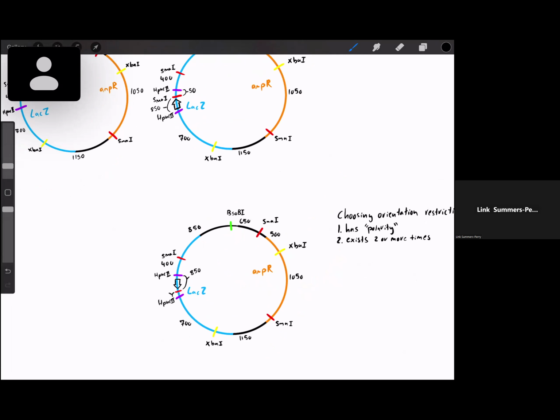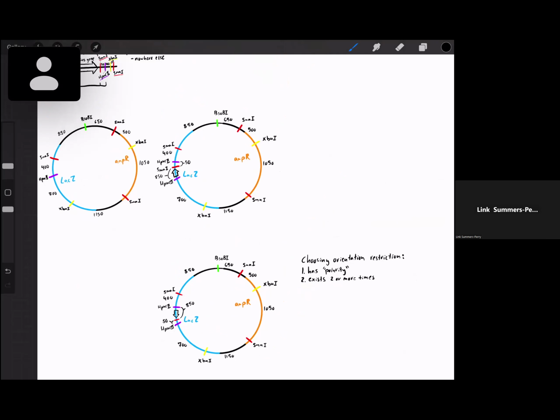This is going to be 850, the HpaI and C to the SmaI, and then from SmaI to HpaI and C here, it's going to be 50 base pairs. All right, so now we have to determine orientation, because over here we have forward and right here we have reverse. So orientation is essentially looking at the differences between base pairs between the forward and reverse.